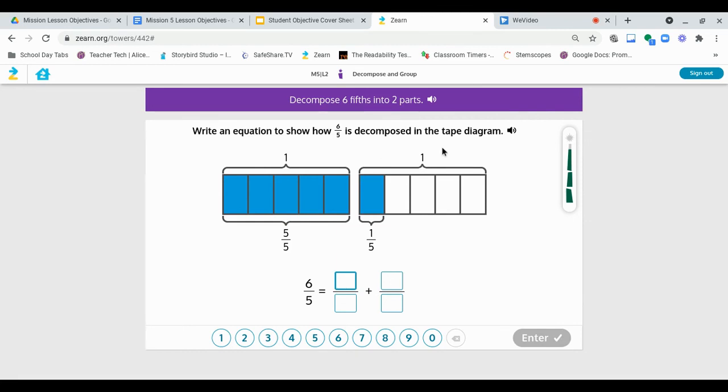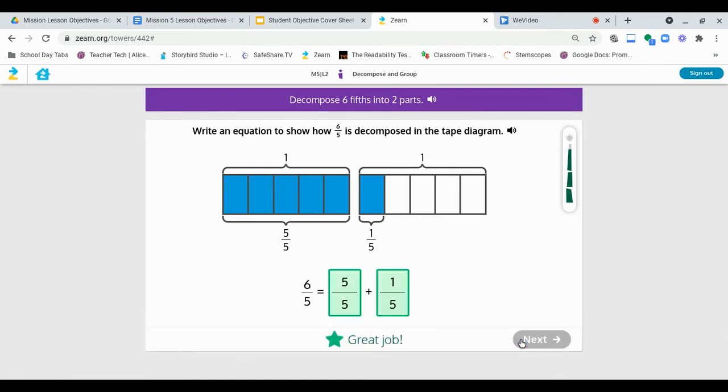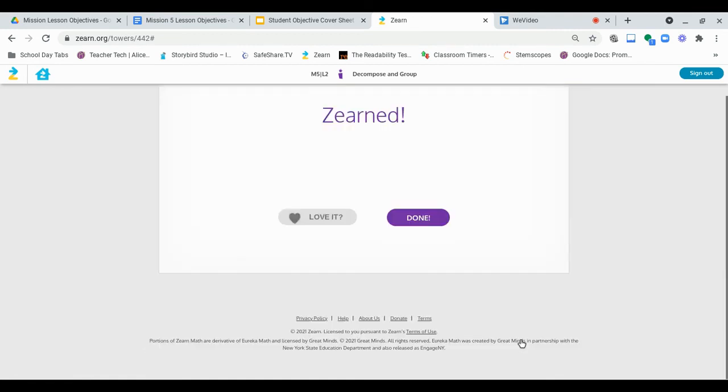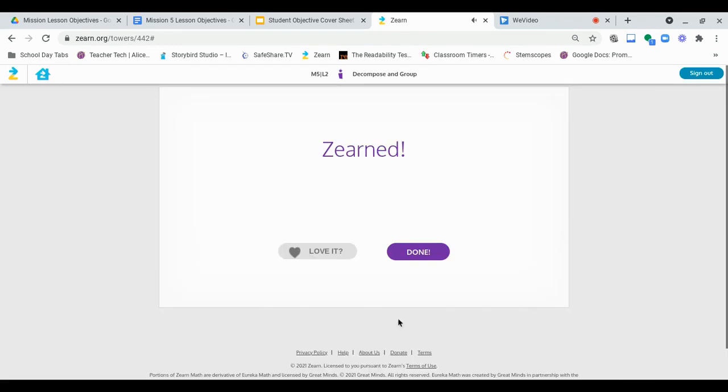Write an equation to show how 6/5 is decomposed in the tape diagram. Notice the brackets. It has 5/5 under one bracket, and then 1/5 in a bracket. So I'm going to copy that here: 5/5 plus 1/5. Great job. And I did it. I earned it.